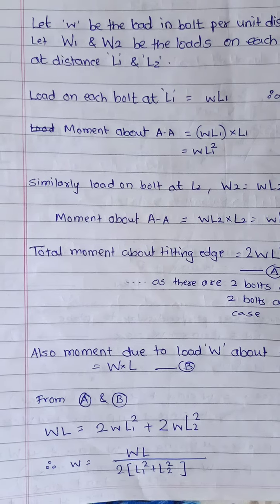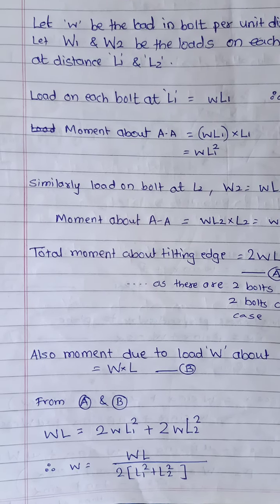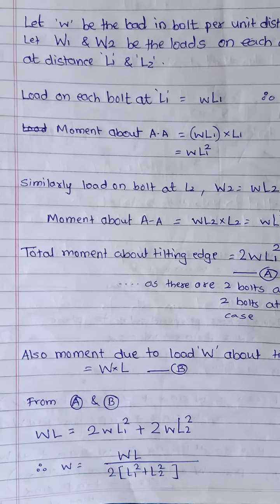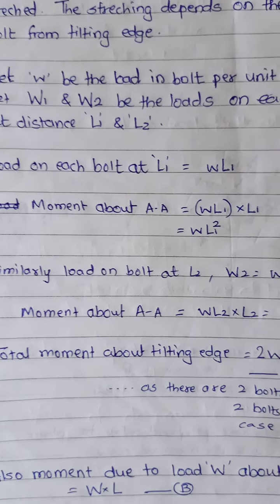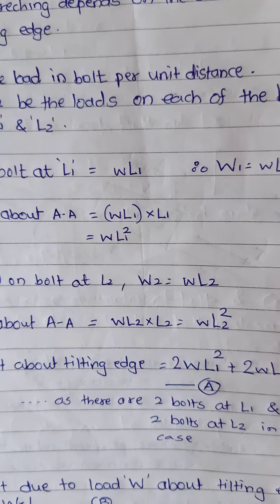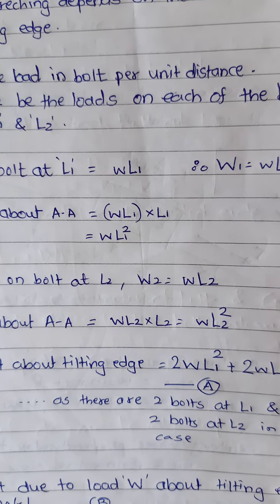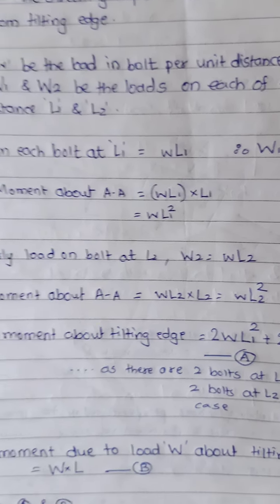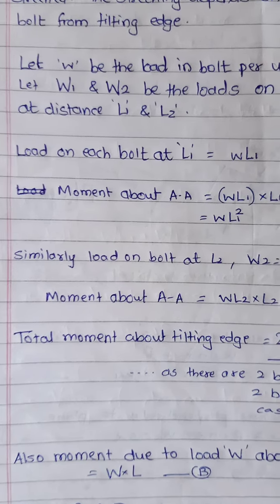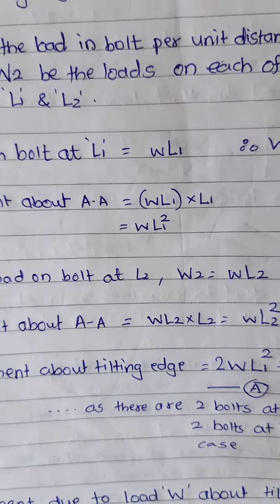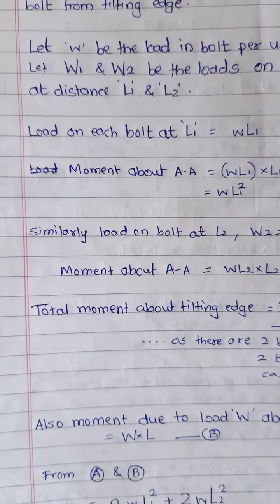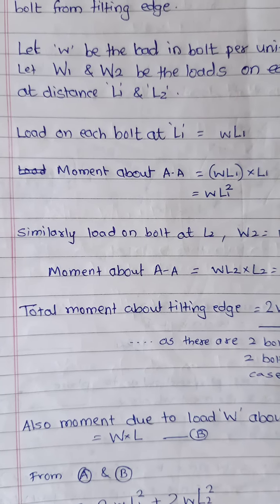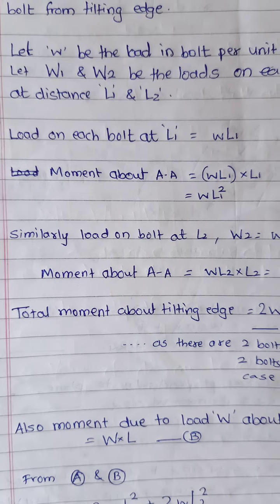Now the load on each bolt at L1 will be small w into L1, because small w is the load per unit distance. So if you multiply that small w with the distance from the tilting edge, what you are going to get is the load at that length.